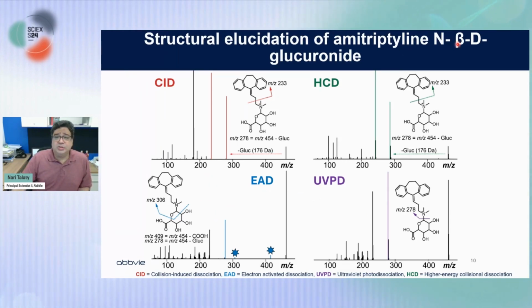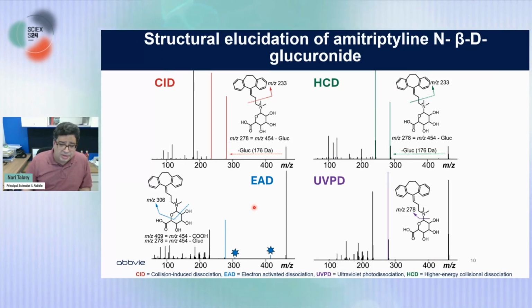So again, moving on to another N-gluc. Again, we are retaining part of the glucuronide. We have some fragments that actually retain the gluc. But if you look at the CID and HCD, again, it's a nice little smooth baseline, there's nothing here, but our EAD begins to give us some fragments. There are no fragments here with the UVPD either.